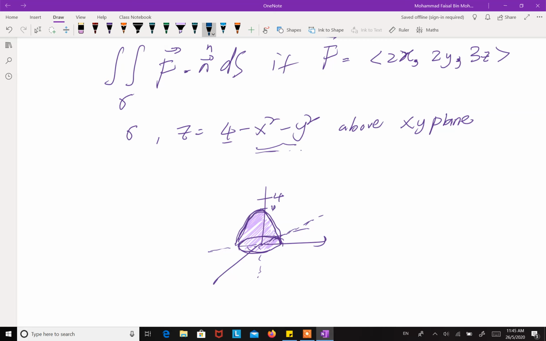And then I have to find whether it is positive n or negative n. Okay, so first, the shadow is on the xy plane, and then the n is upward.